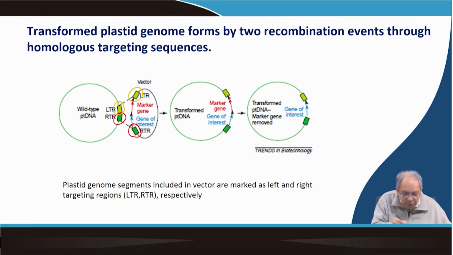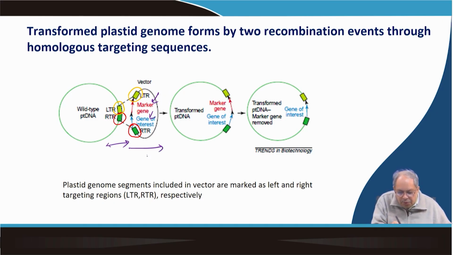This is clearly shown here. This DNA is coated with tungsten or gold particles and bombarded into the cell, and eventually it enters the plastid, and a situation will come where these two meet, and as a result there will be homologous recombination.